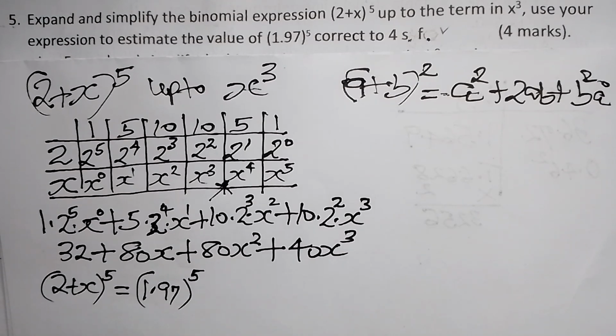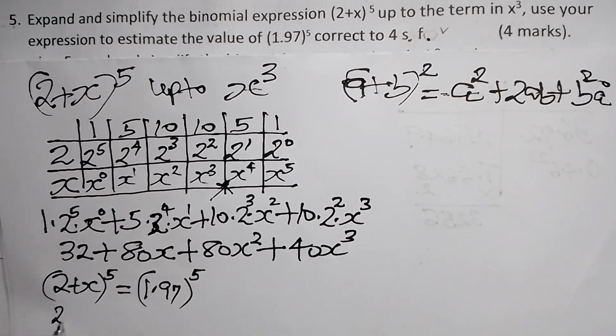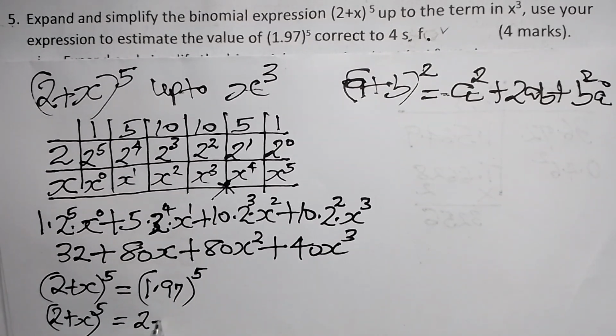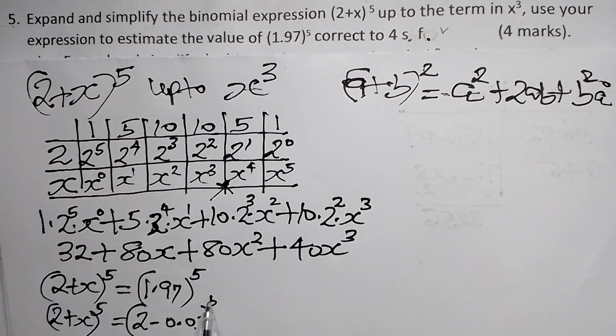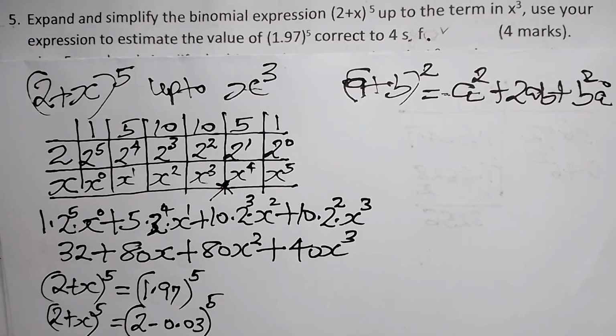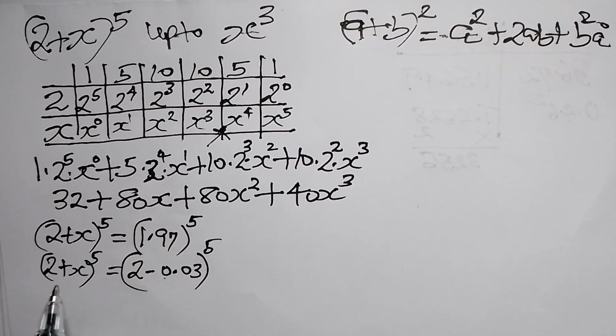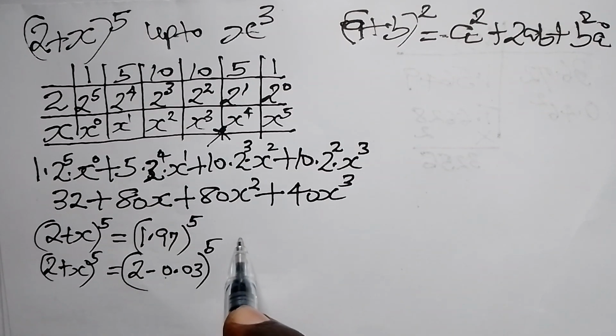So in this particular case, we are going to say (2 + x)^5 is the same as (2 - 0.03)^5. So the two expressions are now similar. 2 will be equal to 2 in the second expression, and power 5 is equal to power 5.